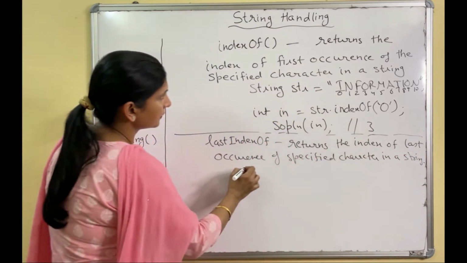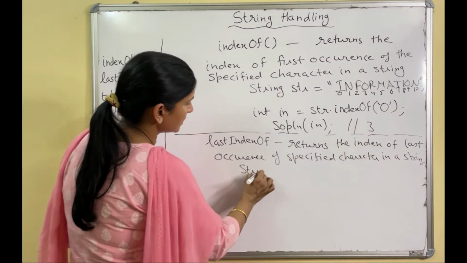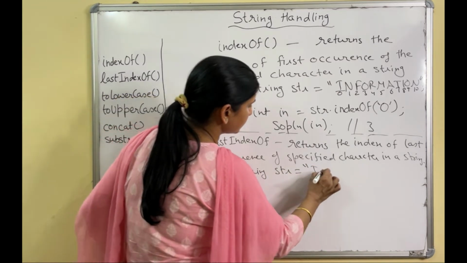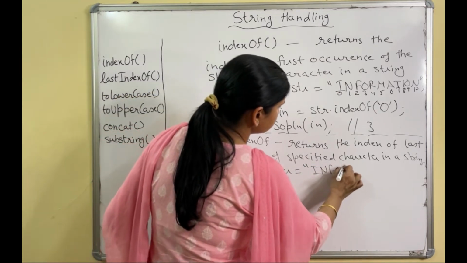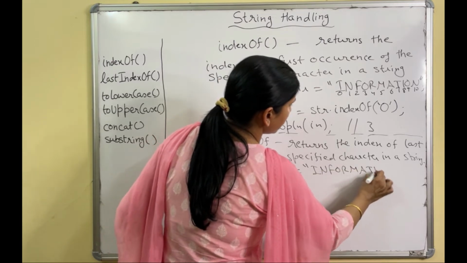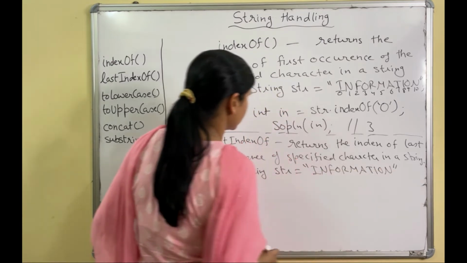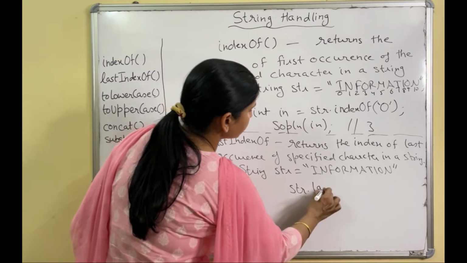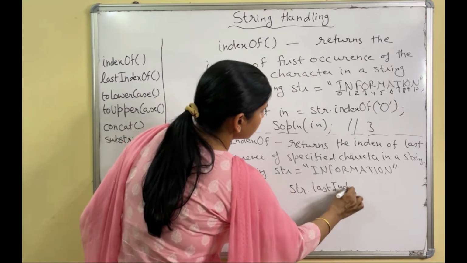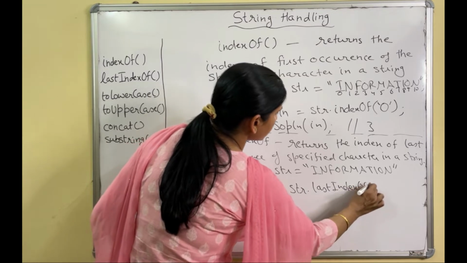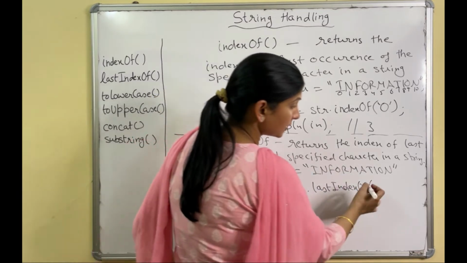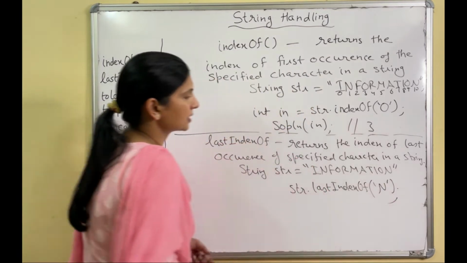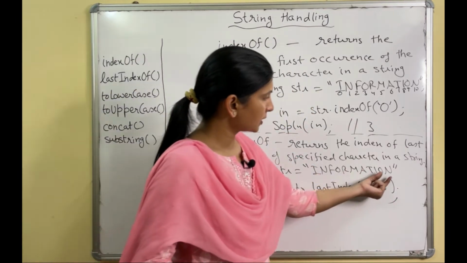So again, if I take the string str, the same string "information", and I write here str dot lastIndexOf, you need to give the character. Suppose I am giving n now. So n is also repeated twice.